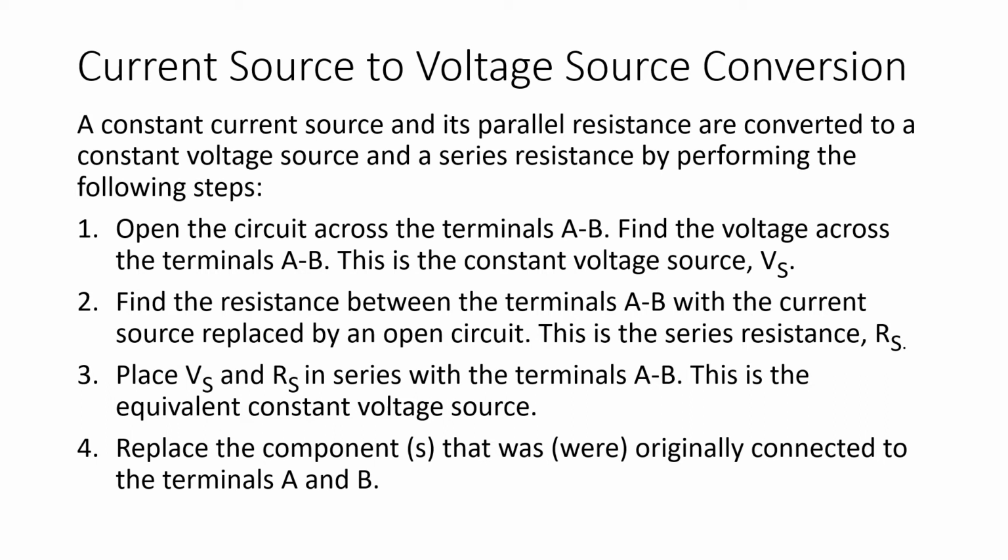This is the series resistance, Rs. Then we place Vs and Rs in series with the terminals A and B, and this is our equivalent constant voltage source. Then we replace the component or components that were originally connected to those terminals A and B.